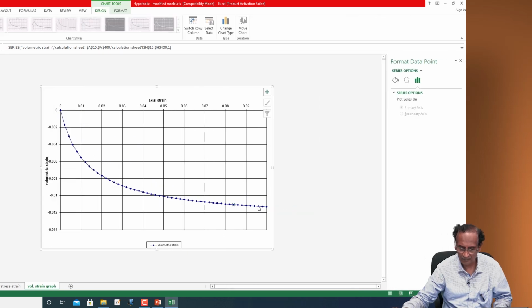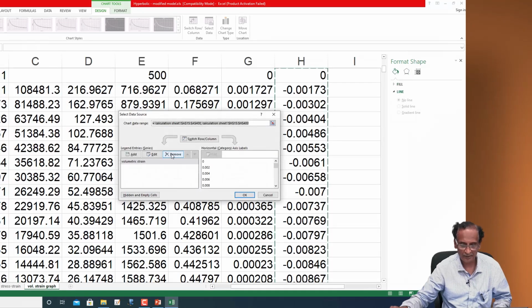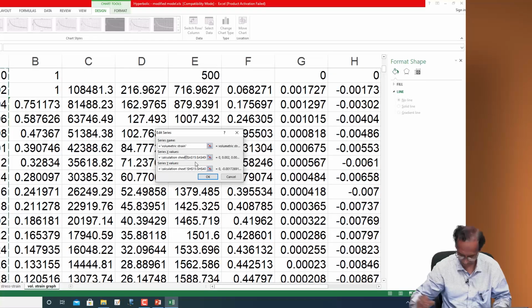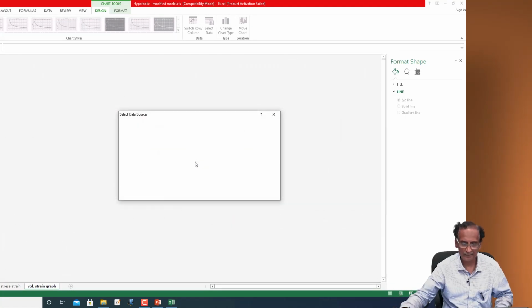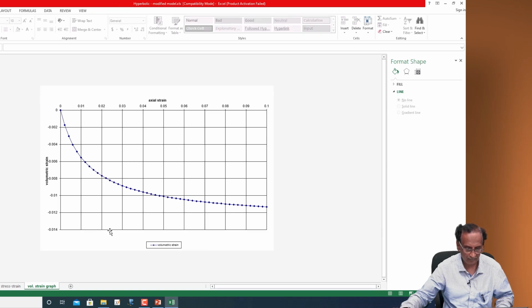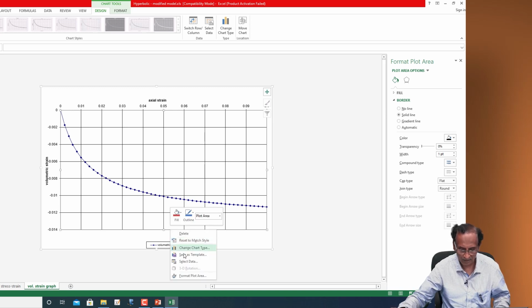Let me just, oops, no, I think let me just change the limit on the x-axis.